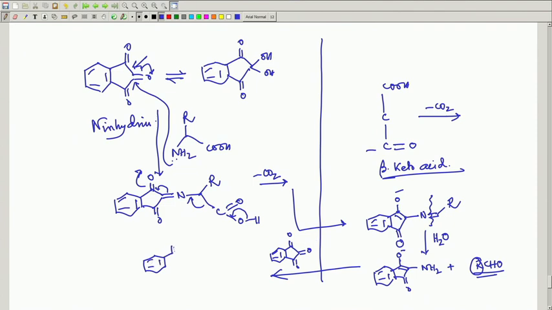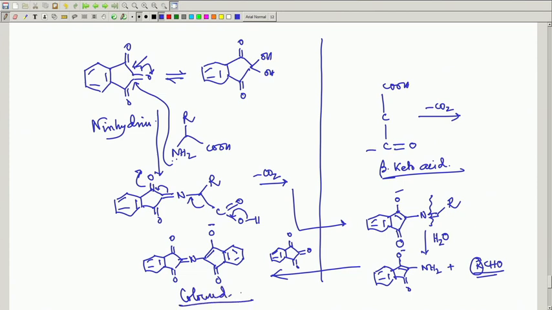So, that will be lost, and this will form double bond N, that means when water is gone, then double bond N, and then you have the other ninhydrin system. Now, you had O minus here, you have a double bond, you have this double bond. So, this is the product, that is the colored compound.